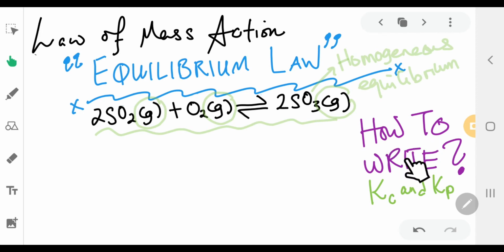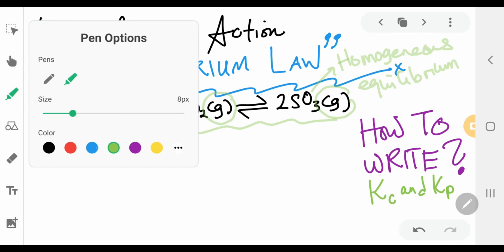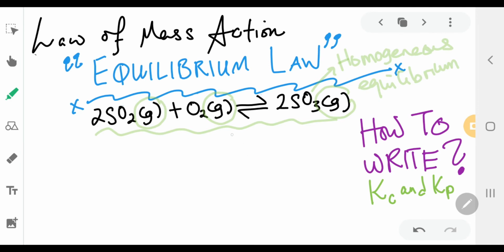How to write the equilibrium constant expression for concentration, Kc, and the equilibrium constant expression for pressure. For this, it's very easy. Now, let's start with Kc first. I'm going to write that in blue for Kc.